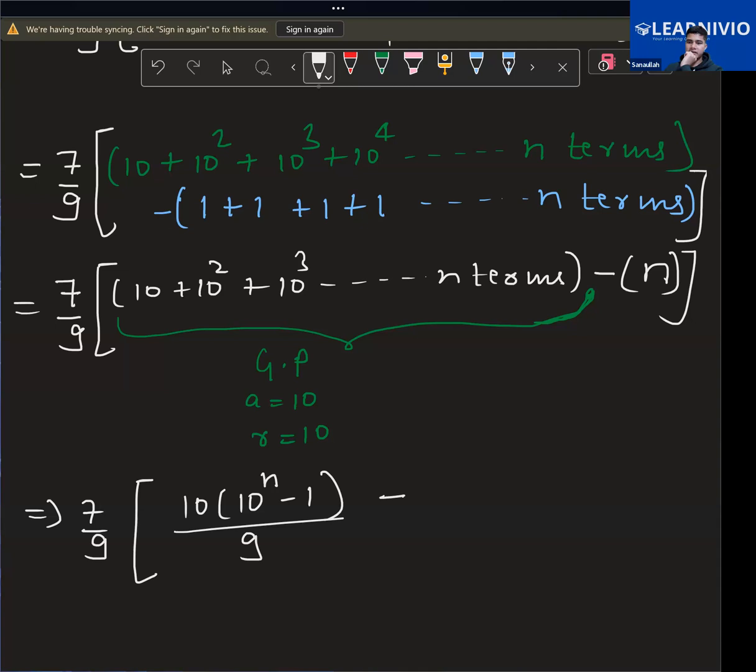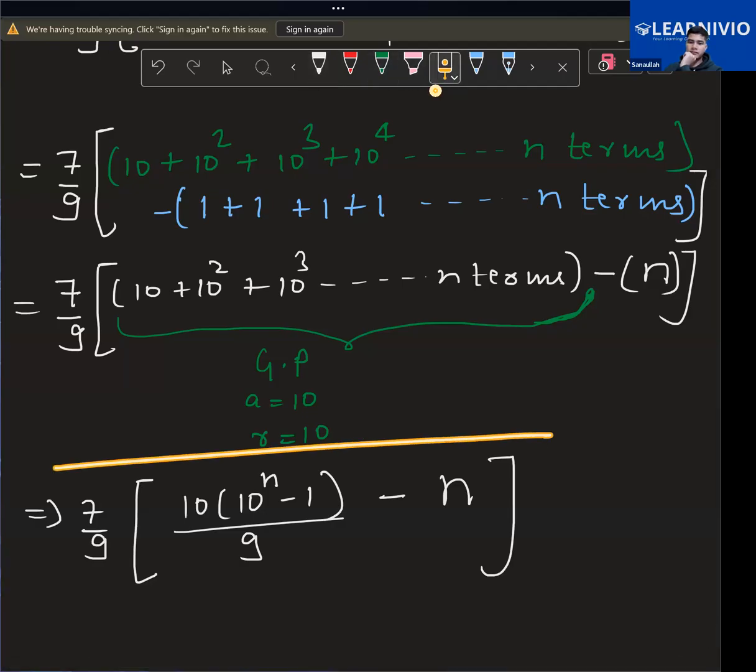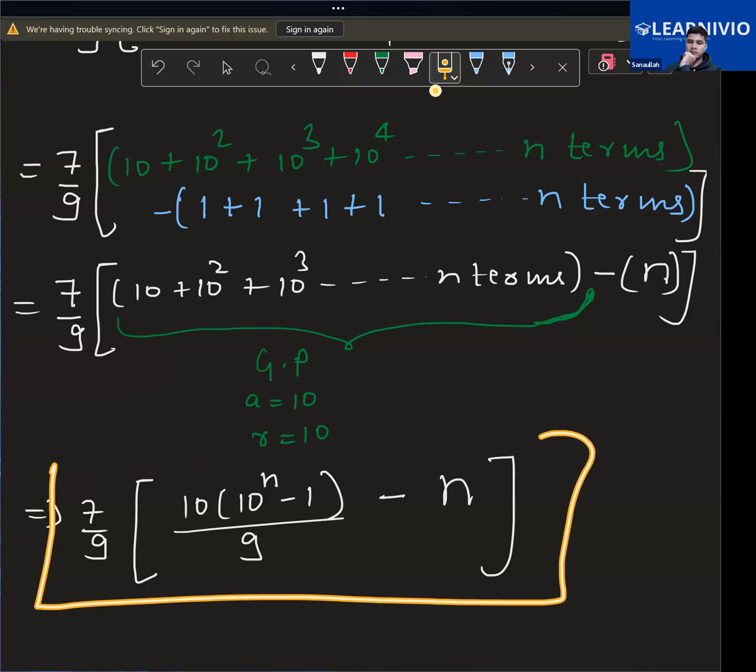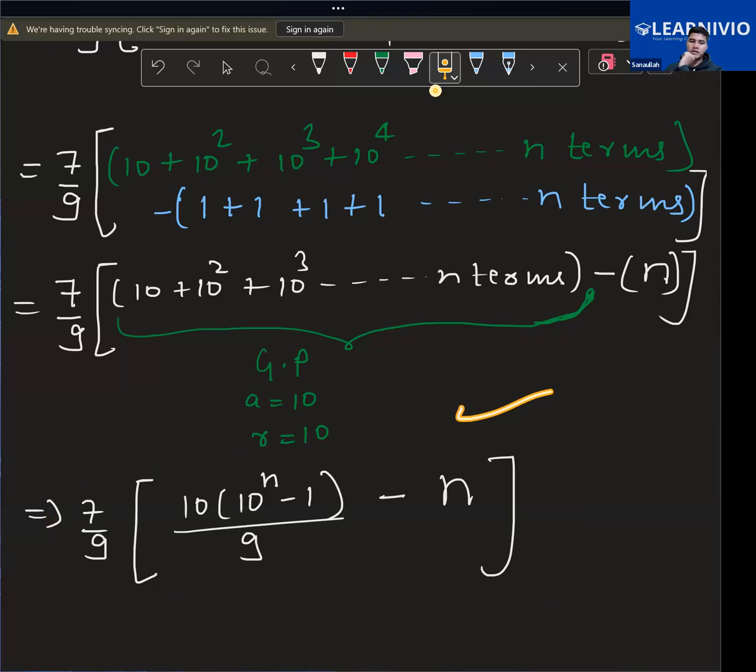And what is in the next term, that is minus n. Okay, so this is our final answer, that is 7 by 9 into 10 times 10 to the power n minus 1, over 9, minus n.